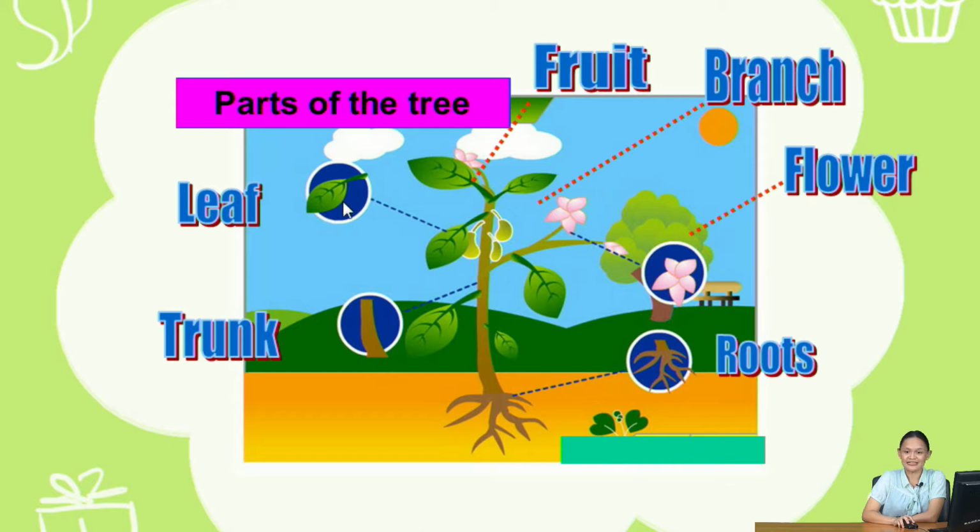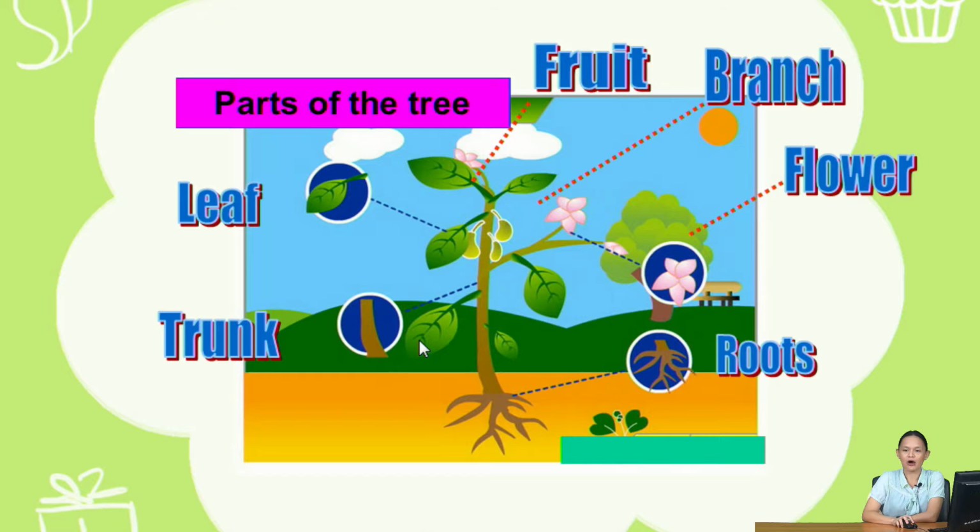So this is an example of a leaf. L-E-A-F. Leaf. So you can see a lot of leaf or leaves in a tree. So this is a leaf.